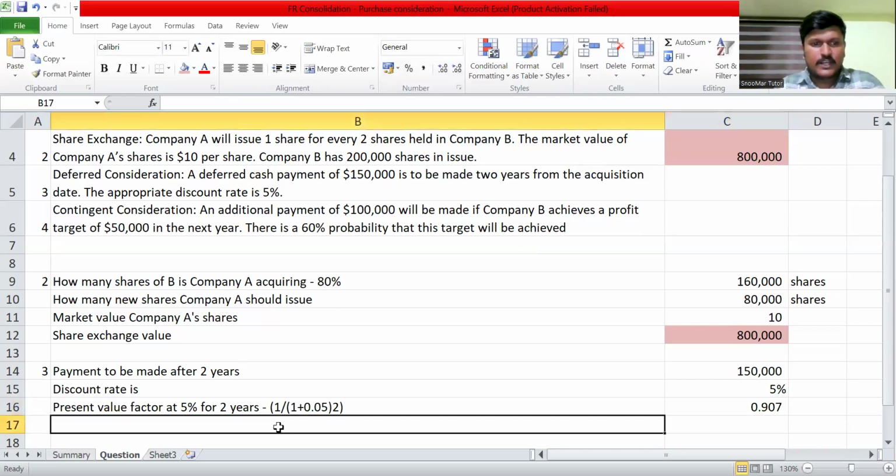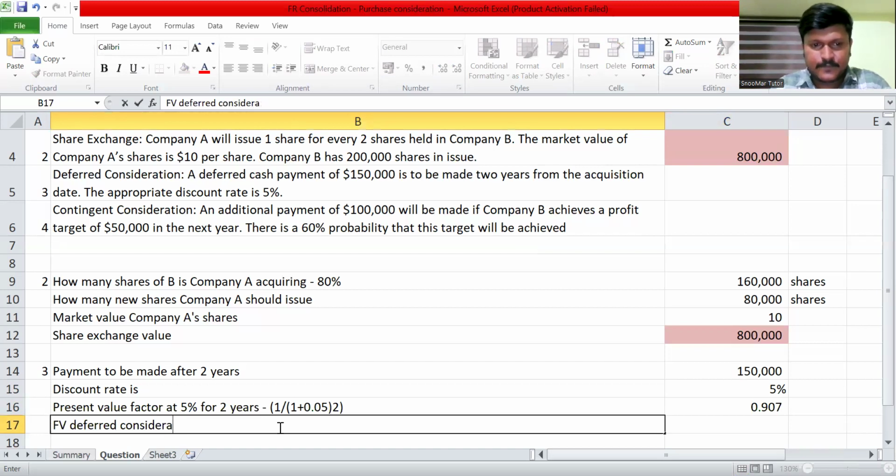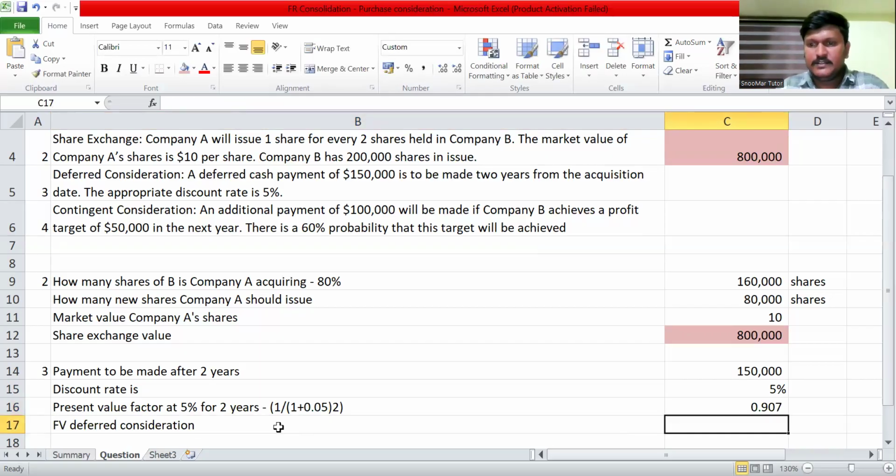What I need to get is the payment to be made after 2 years, so we'll be going for the fair value of deferred consideration. This has to be discounted: 150,000 into the discount factor you are getting over here.